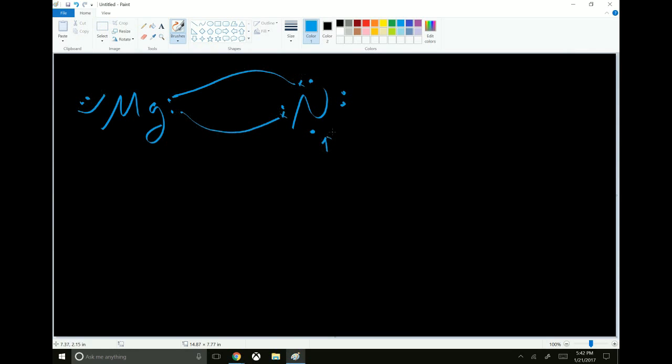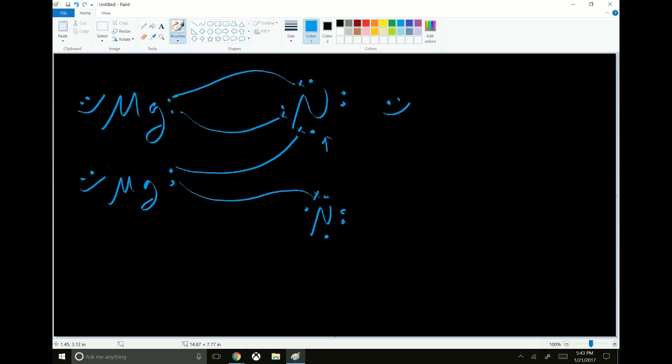Nitrogen is not yet happy, doesn't have the stable octet. So we bring in another magnesium. It loses an electron to nitrogen. Now nitrogen is happy, but magnesium is not. So we bring in another nitrogen. Boom. Happy. Not happy. So another magnesium. Okay, and now everyone's happy.